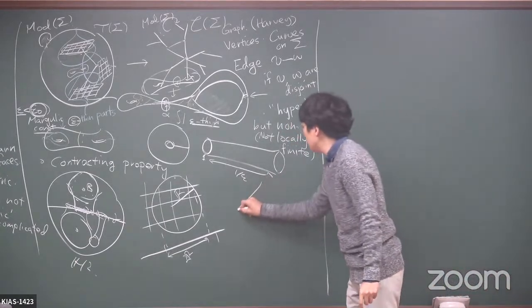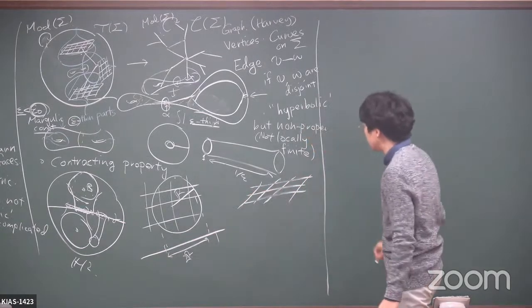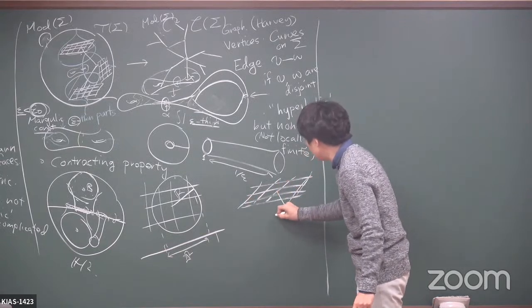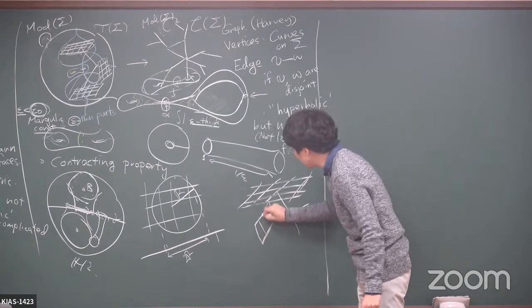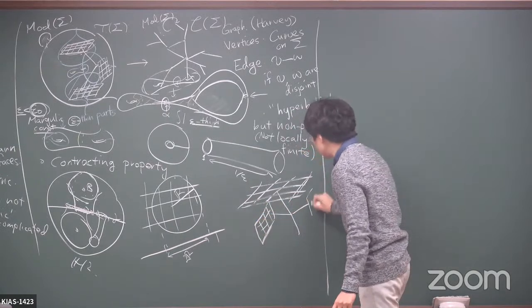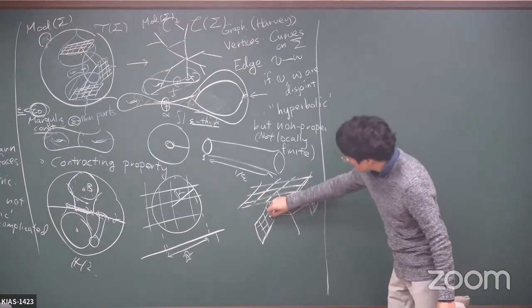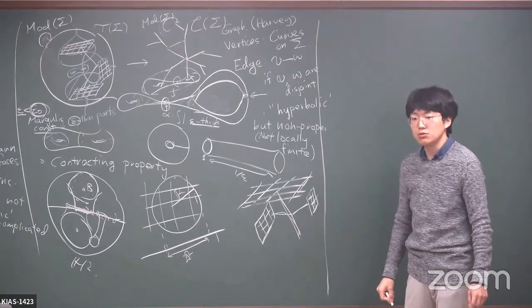However, if you think of a mixed space where you have these flats, but these flats are connected like a tree, so you have some places where flat geometry comes in, but you also have this tree-like structure in between.